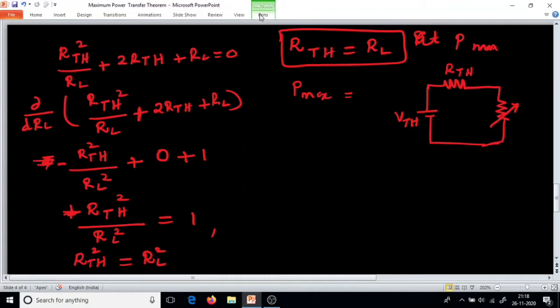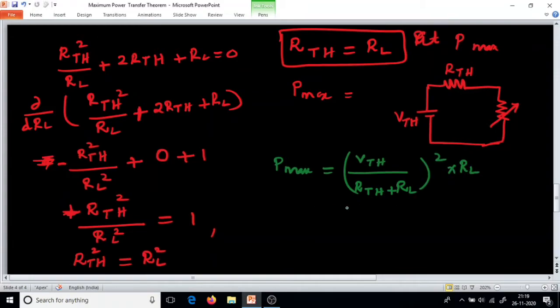Now what we will write is the maximum power. Pmax is equal to VTH divided by RTH plus RL, whole square, multiplied by RL. Now this RL can be replaced, so it is VTH square.